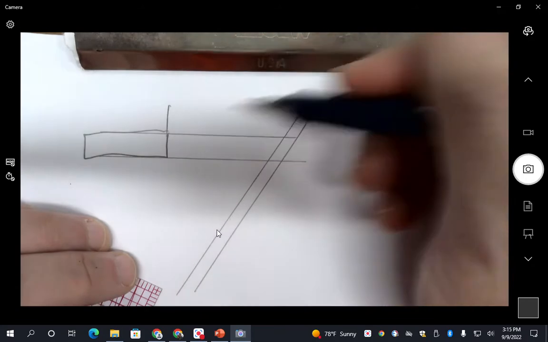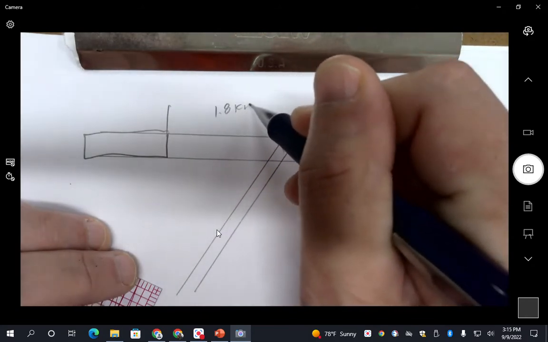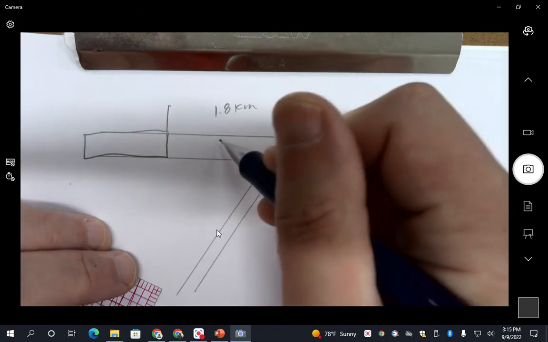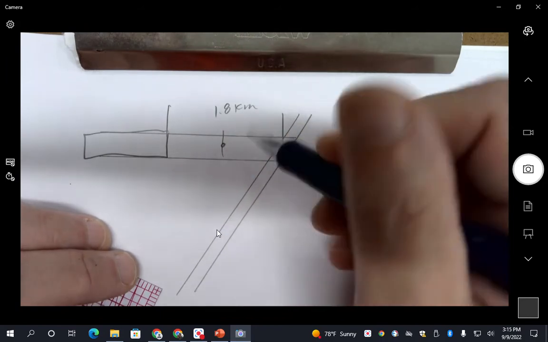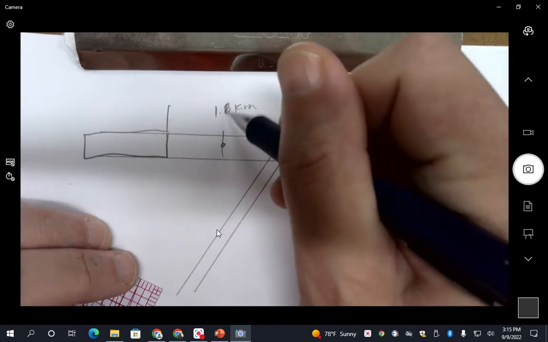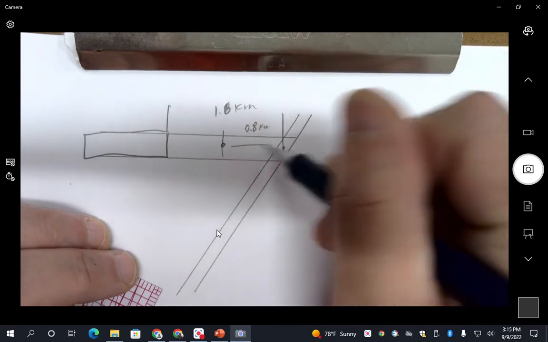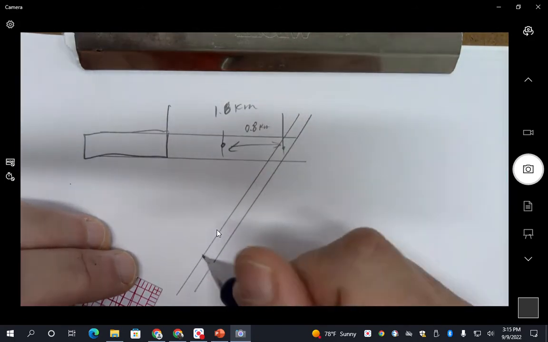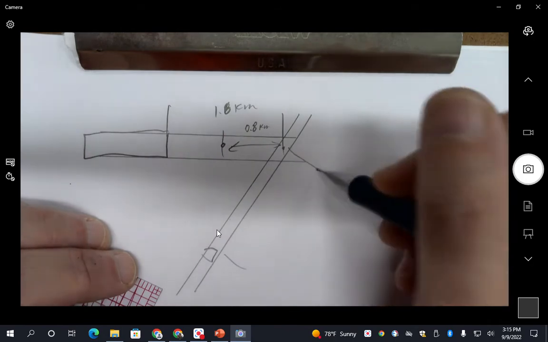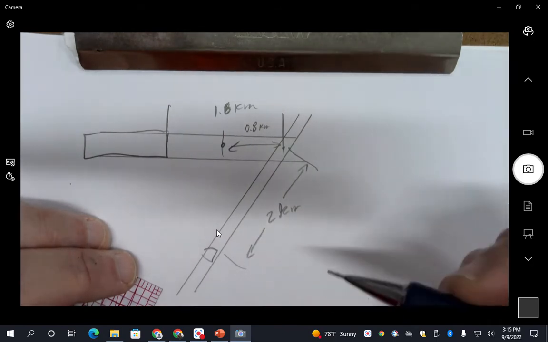All right, so we have this distance right there, 1.6 kilometers, and here's another spot right here, which is 0.8 kilometers right there. And here's our car B, and he's 2 kilometers away.